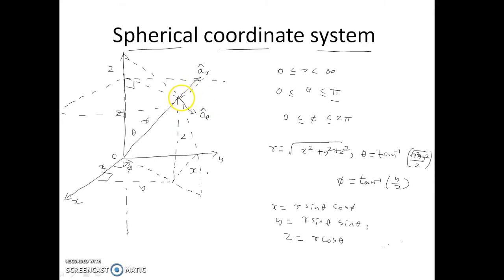And here is the direction of A phi. This is tangential to a circle of radius r sin theta. So we have a circle of radius r sin theta, which is parallel to the xy plane, and A phi is tangential to this circle at this point.